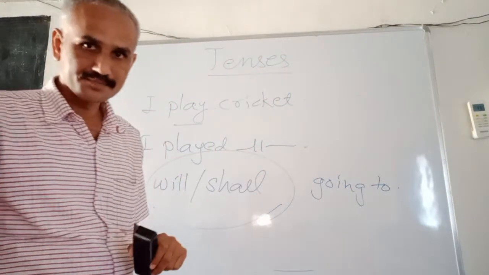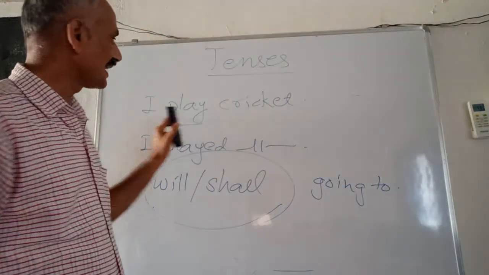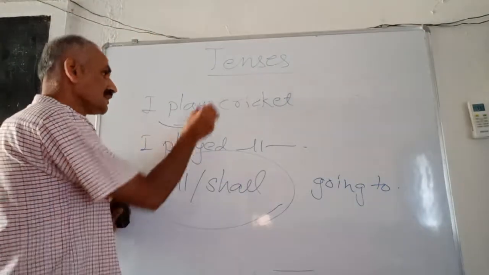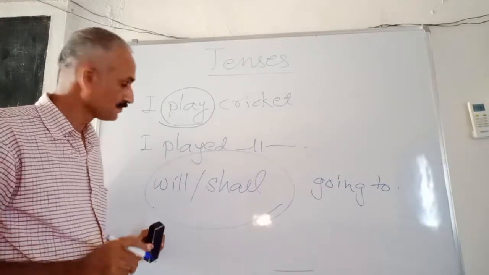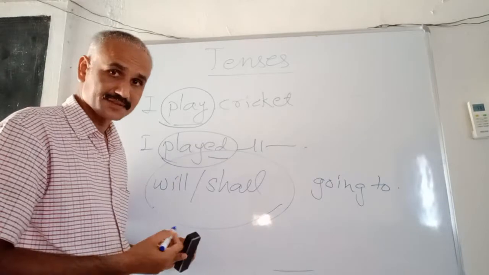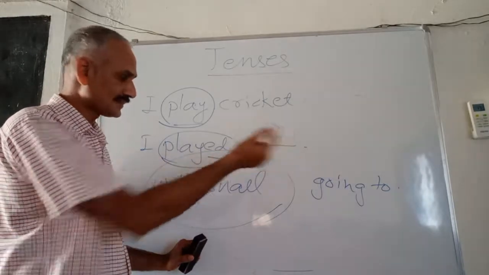For example, here I said I play cricket. Present tense. You can say the verb is in present tense. I played cricket. You can say the verb is in past tense.